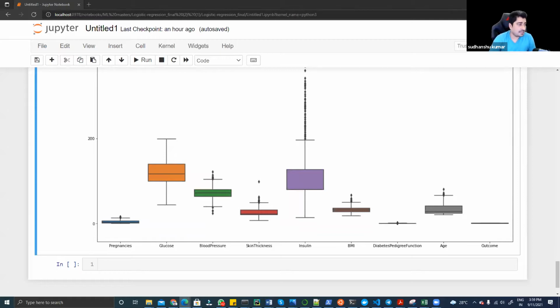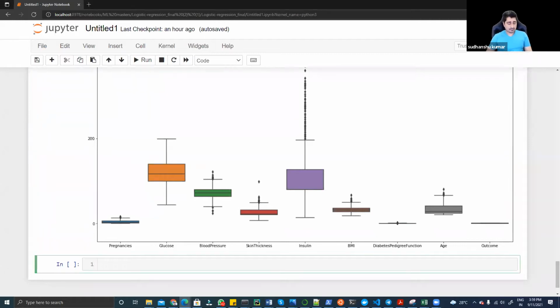Let's suppose in my insulin column I have so many outliers. So maybe I can try to remove 5% of the data set from a quartile, and check whether I'm able to remove some of the outliers from my data set or not.